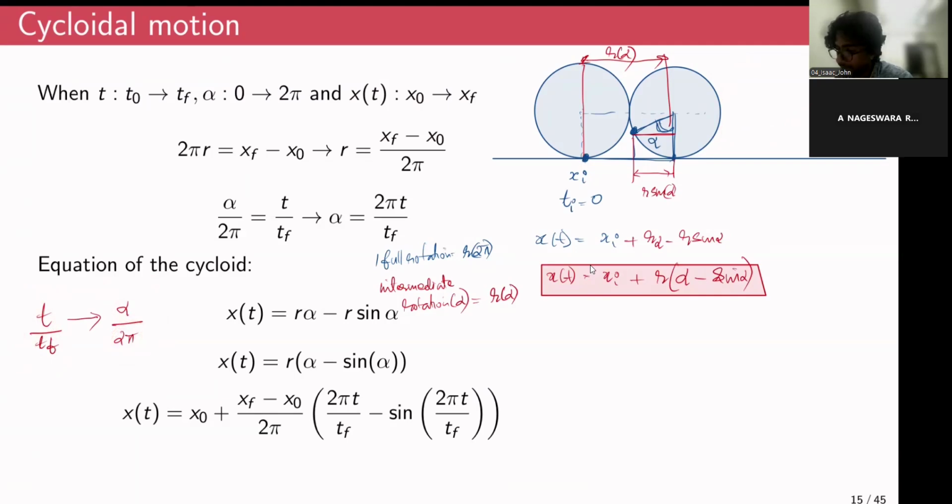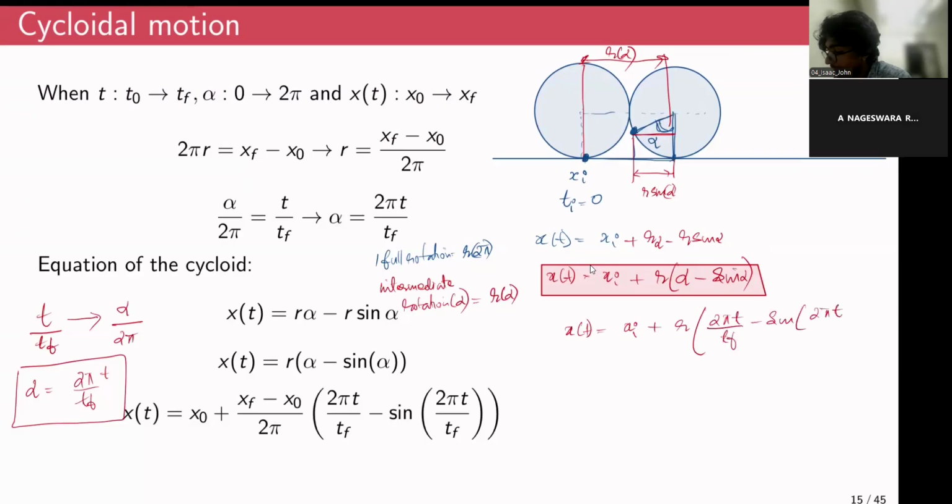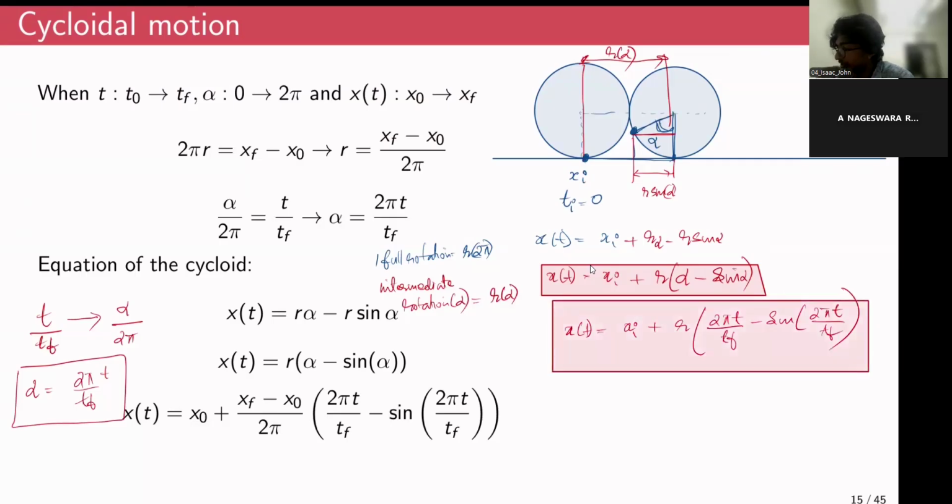So from here, alpha would be 2 pi multiplied by t by tf. So if I substitute that over here for alpha, x of t would be xi plus r multiplied by 2 pi t by tf minus sine of 2 pi t by tf. That'll be one more stage. And in the final equation, we also have to substitute this r.